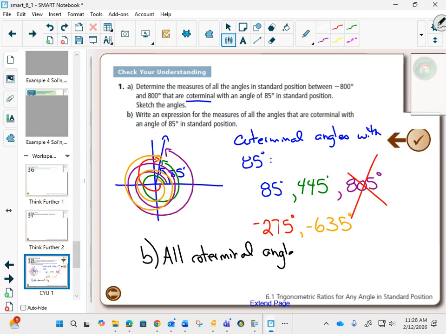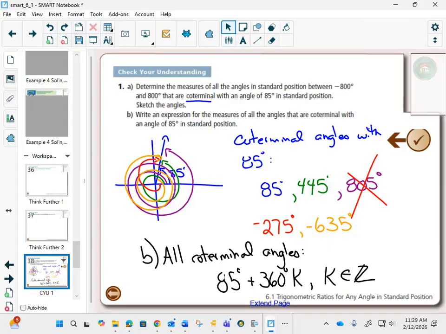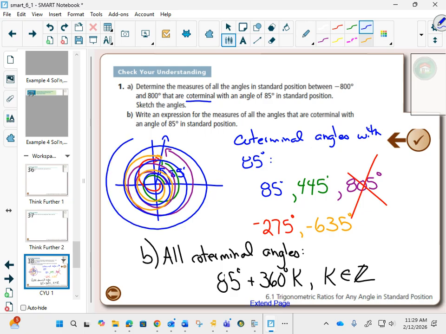For all coterminal angles, you would start with your 85 degrees, and then add 360 degrees k times, and define that k has to be an element of the integers. So that would also include angles like this one, and any other ones.